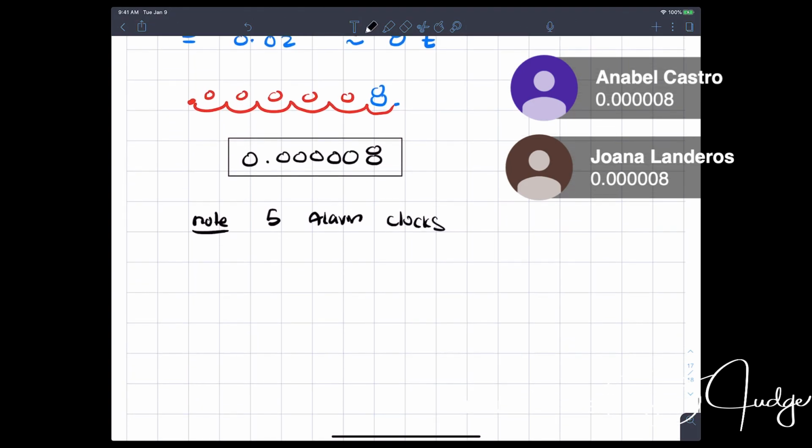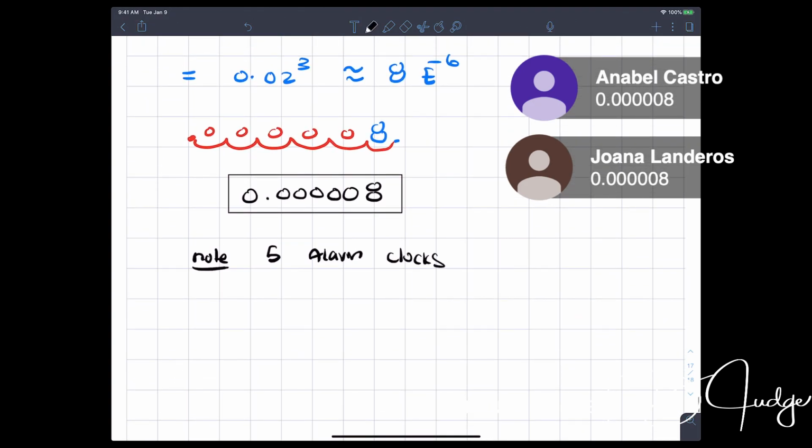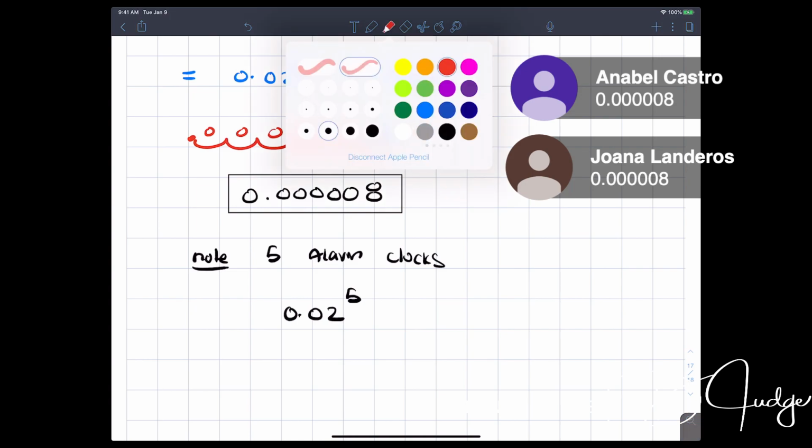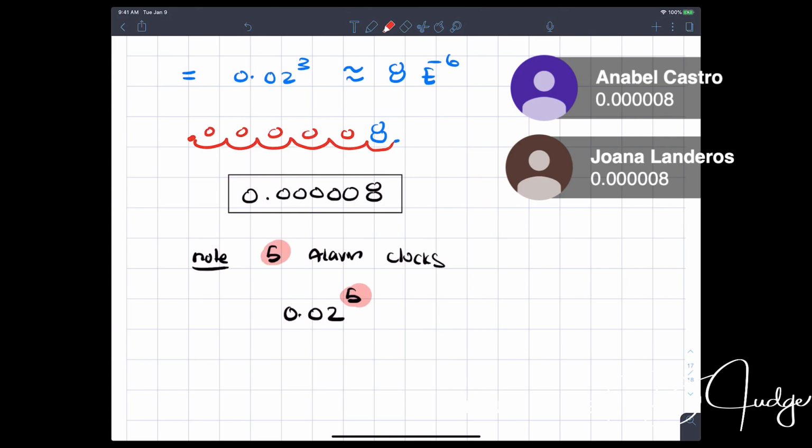If I say 5 alarm clocks, here's what you do. It's going to be what? 0.02 to the 5th power. Right? Here's what you want to pay attention to. 5 clocks, 0.02 to the 5th power. Just like the last example. 3 clocks, 0.02 to that 3rd power.